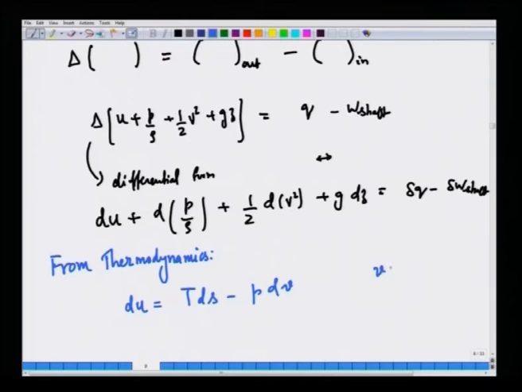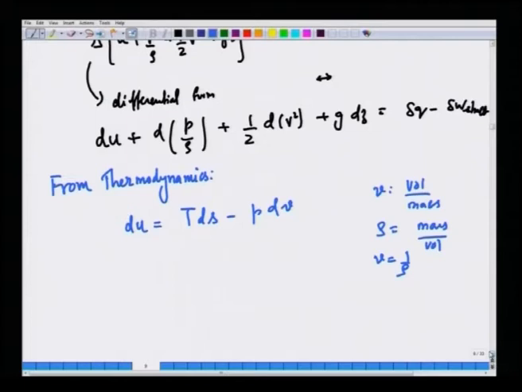V is a specific volume per unit mass, while rho is mass per unit volume. So, V is 1 over rho in our notation. So, this is a well known relation in thermodynamics, the combination of first and second law of thermodynamics. So, we will write this as du is T ds minus P d of 1 over rho.